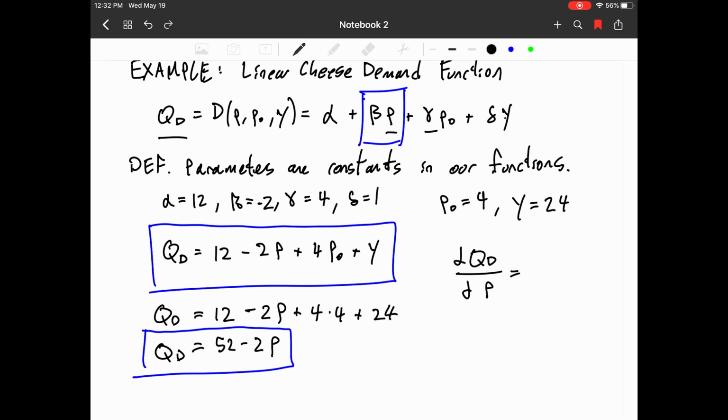And that returns for us just beta. So, like we said earlier, all we require is that this be no greater than 0. Sometimes you'll see it defined as being strictly negative, but I like to write this as a weakly negative relationship.